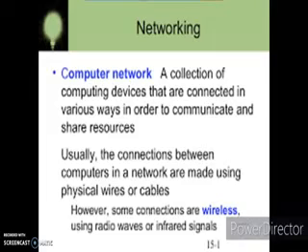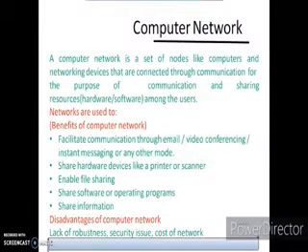However, some connections are wireless, such as infrared, radio waves, and Wi-Fi. Let me say it in another way: a computer network is a set of nodes like computers and networking devices that are connected through communication links for the purpose of sharing resources and communication among the users.